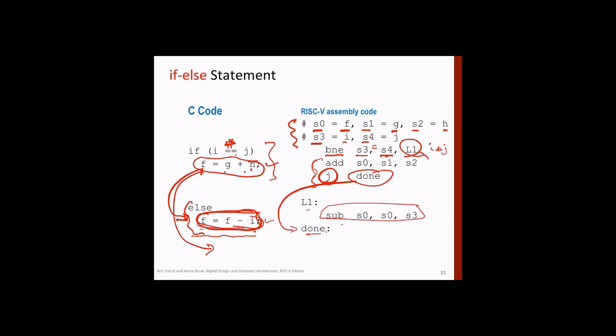Yes, sir. Okay, now how do we implement this? Here, branch if not equal, S3 and S4. S3 contains I and S4 contains J. If they are not equal, then jump to L1. This is clear?